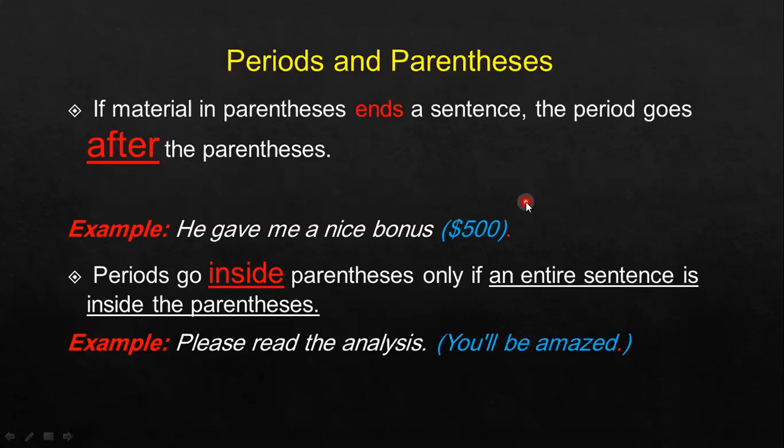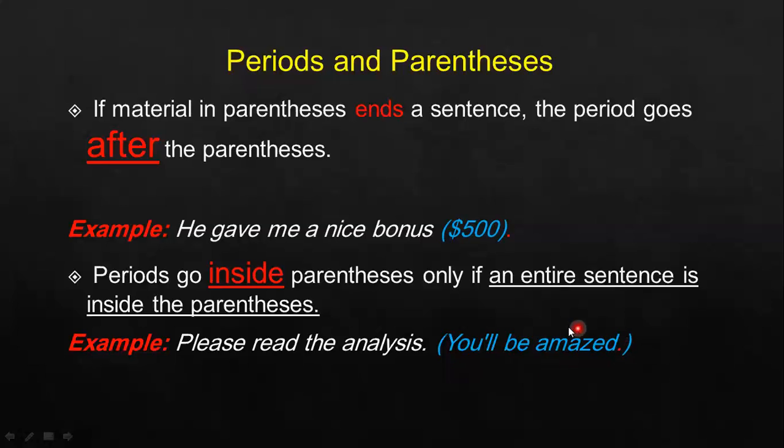So when I use parentheses, where should I put the periods or the full stops? If material in the parentheses ends a sentence, the period goes after the parentheses, like here: she gave me a nice bonus ($500). You can see the period here. But we can put periods inside parentheses if an entire sentence is inside the parentheses, like here: (Please read the analysis.